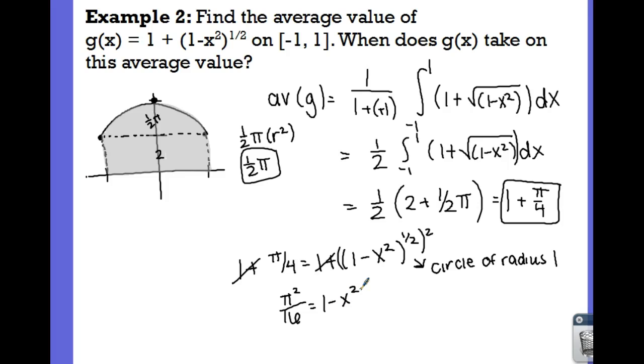Subtract away your 1. You have a negative x squared, get rid of your negative. Square root that. You reduce it, you will get root 2 over 2.